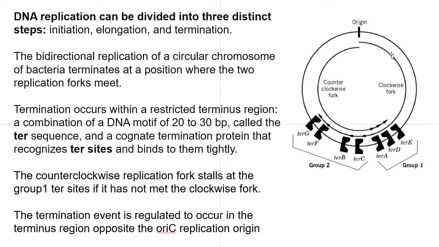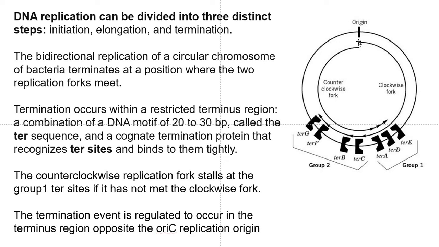So here is an example of prokaryotic DNA replication. As you remember, prokaryotic DNA is circular. Replication of circular DNA is a little different than that of linear eukaryotic DNA. You also probably recall that in prokaryotes there is only one origin of replication, and that's where replication will initiate.